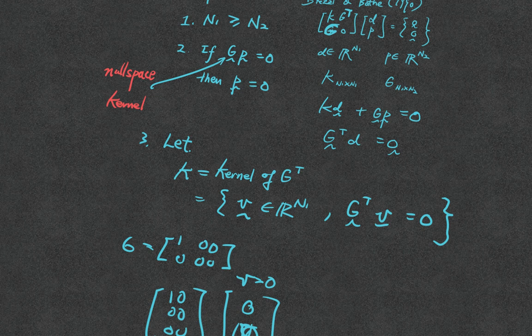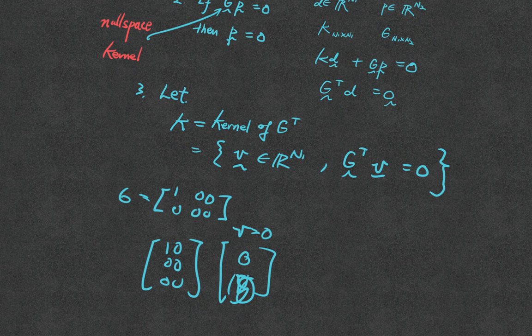D could be something else. If this is admissible, then any combination of that would also imply G^T D equals 0. So this can be any real number, and that would affect the stability.